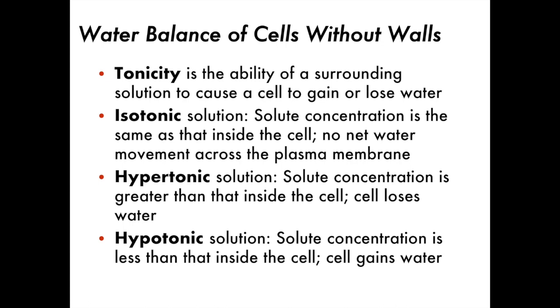Because cells have a selectively permeable membrane, it's permeable to water. Now, if it's an isotonic solution inside and outside the cell, the solute concentration is going to be equal inside and outside the cell. And there's going to be no net water movement across the plasma membrane.